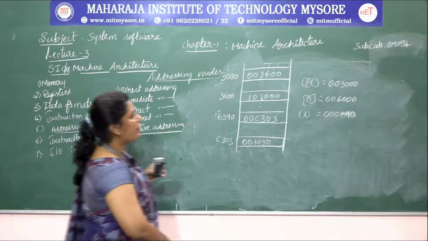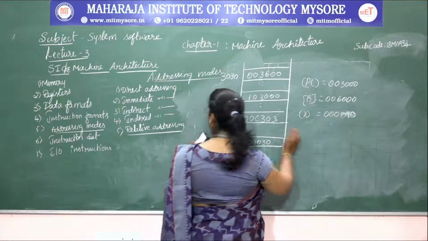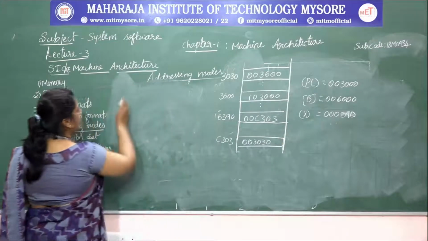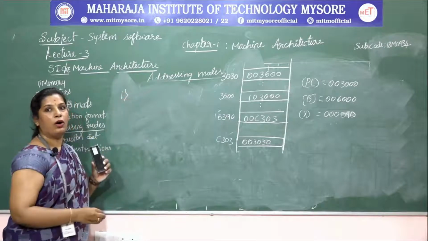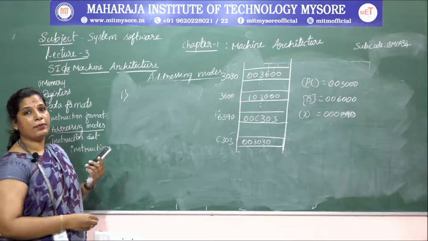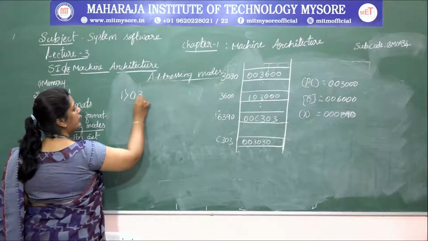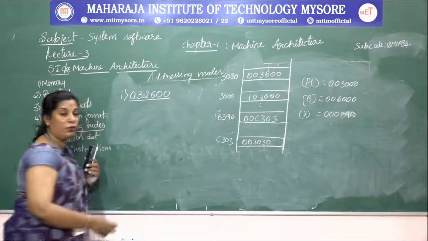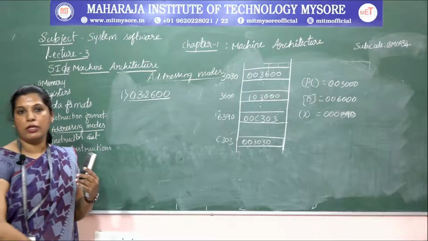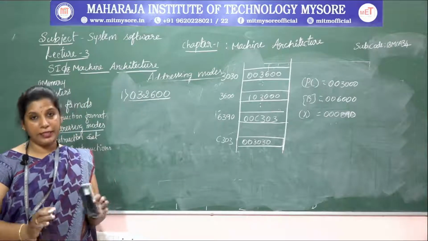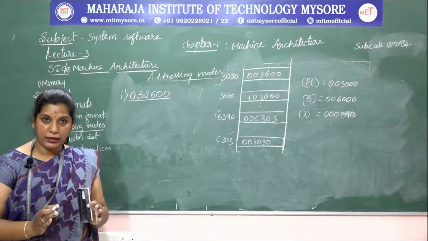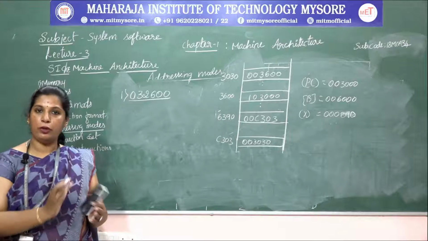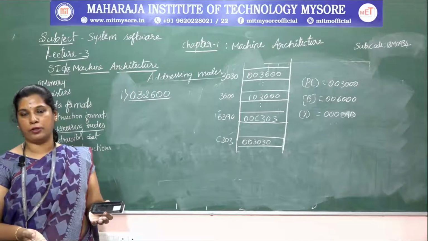So let us take the object code instruction 0326600. I don't know which instruction this object code is for. This object code must be decoded. We have to find the target address, and find which value is going to be loaded into the register or some memory location.